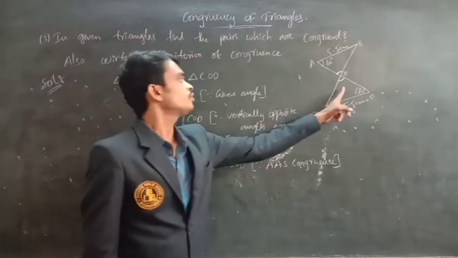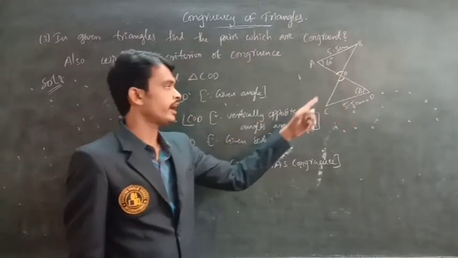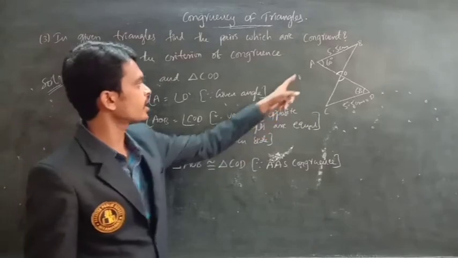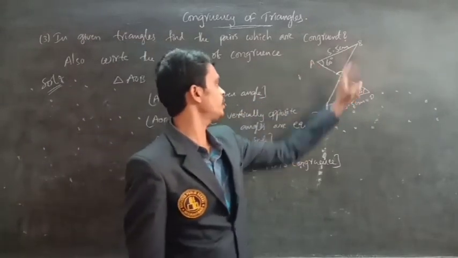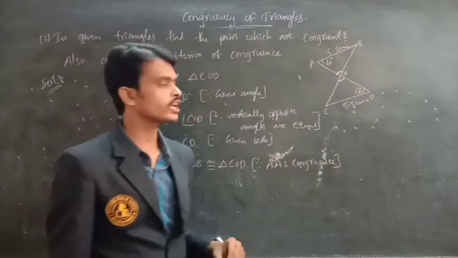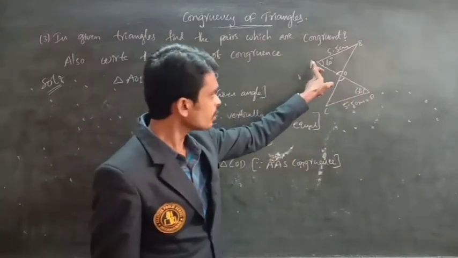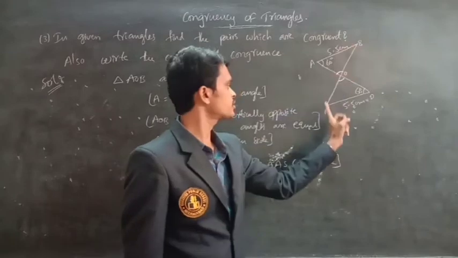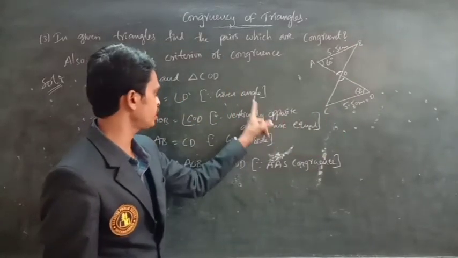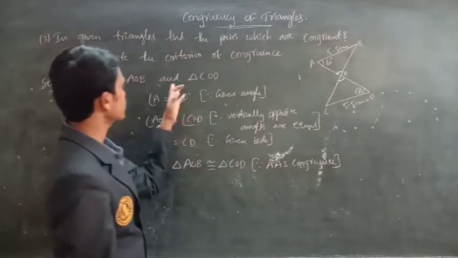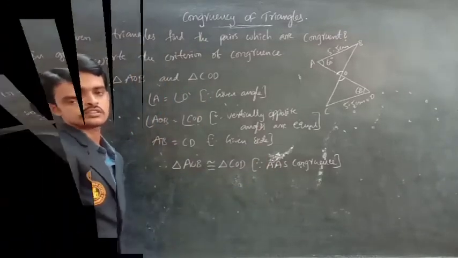The corresponding parts are angle A and angle D, angle AOB and angle COD, and sides AB and CD. So according to angle angle side, these two triangles are congruent.